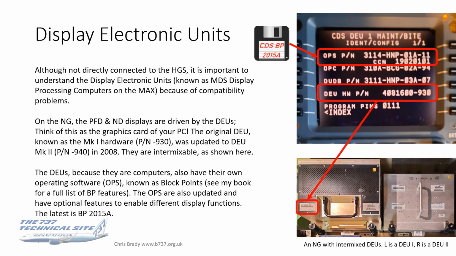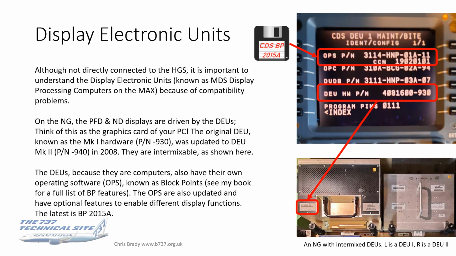A word about DEUs. I've already touched on this with the 2350, which has obviously got to have that extra DEU box in it because it is from the old classics. Now this is more talking about DEUs with the NGs. Although not directly connected to the HGS, it's important to understand the DEUs.